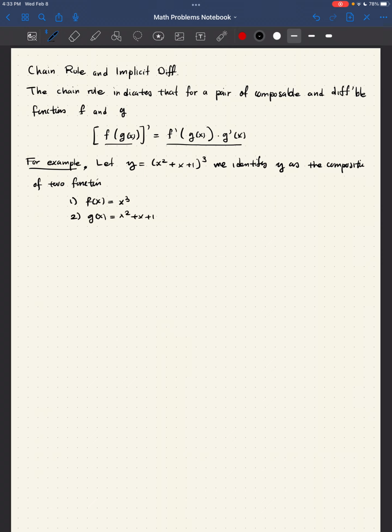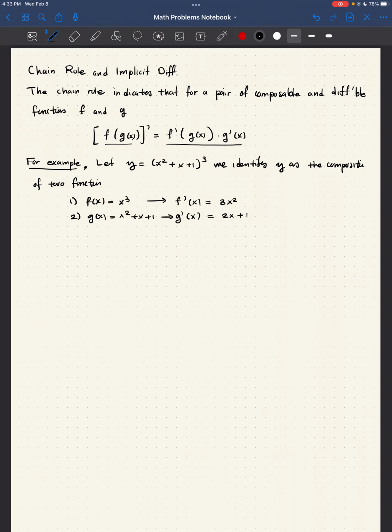Of course, from this decomposition, it's not so difficult to see that the derivative of f relative to x is 3x squared, while the derivative of g relative to x is 2x plus 1.